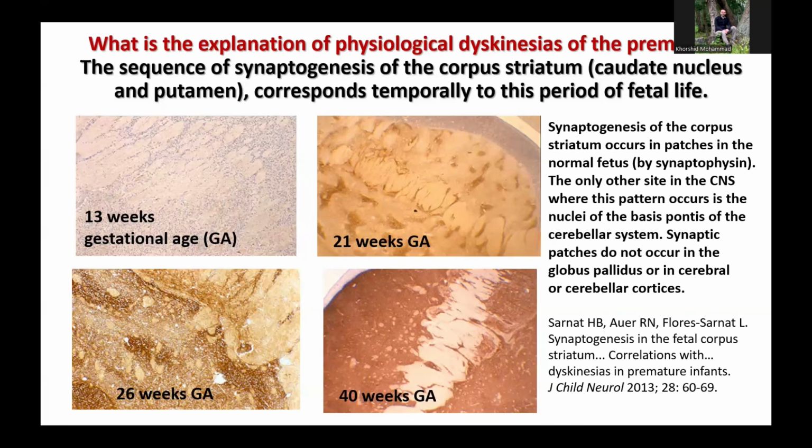And there are only two places in the central nervous system, in the brain especially, where patchiness occurs in a normal physiological fashion. It does occur in some pathological conditions, in some malformations, but not normally. And the only other place is in the basis pontis, which is part of the cerebellar circuitry.